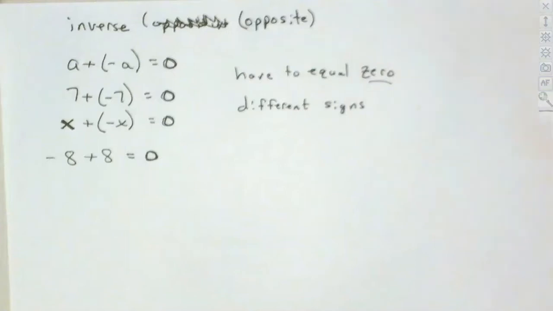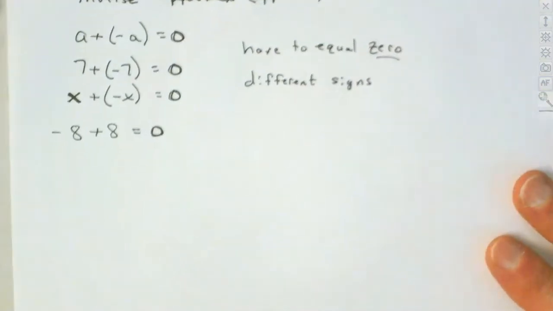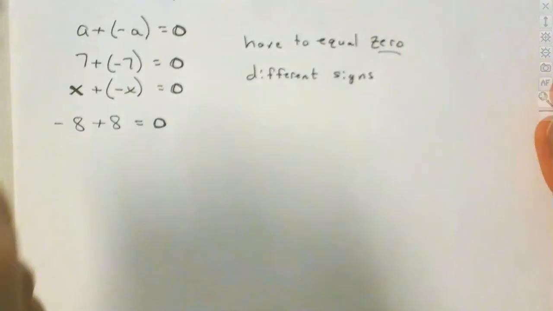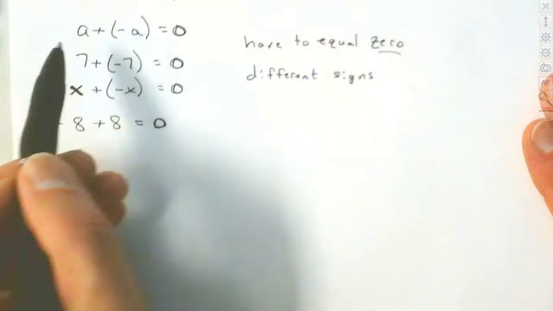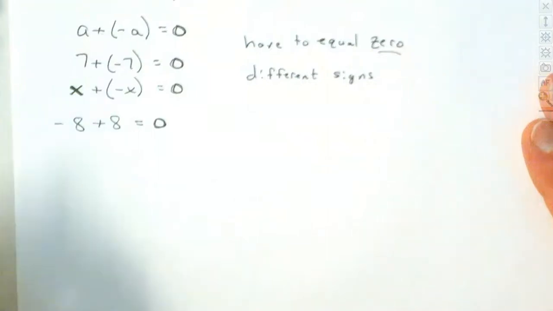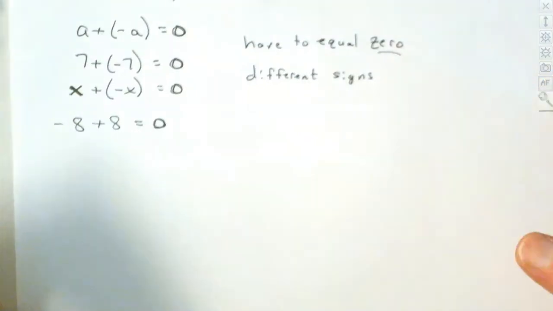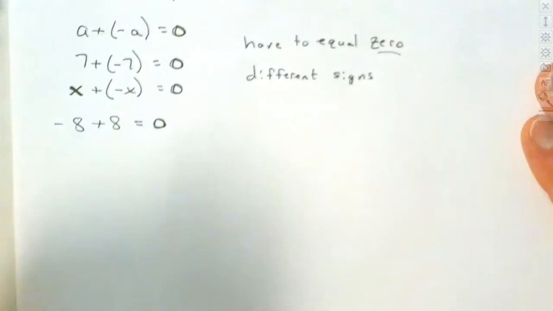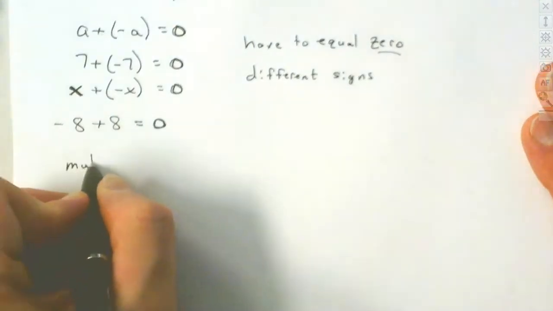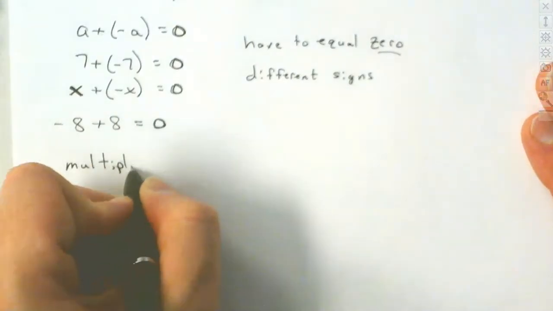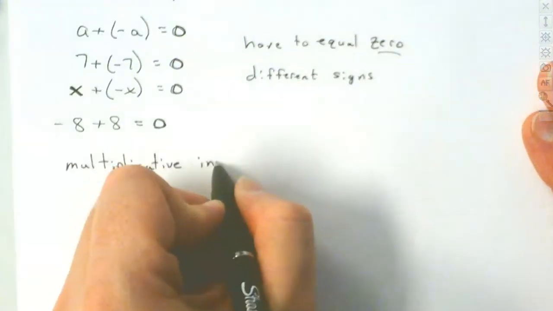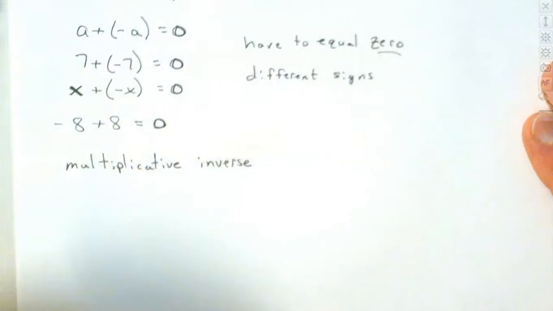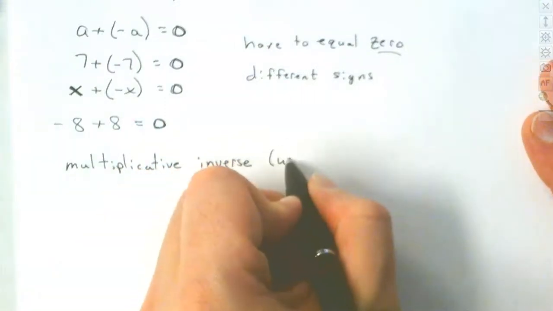For your multiplicative one, you use the reciprocal. Okay, so when we talk about additive inverses, you just change your sign. Multiplicative inverses, you flip the fraction over, use the reciprocal.